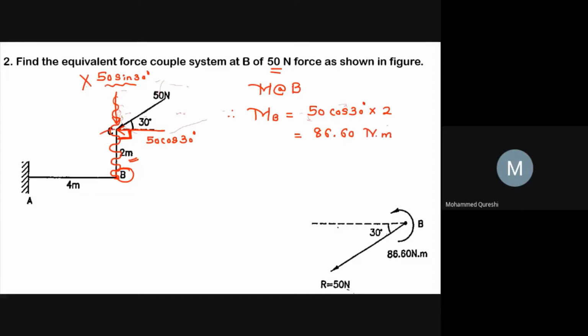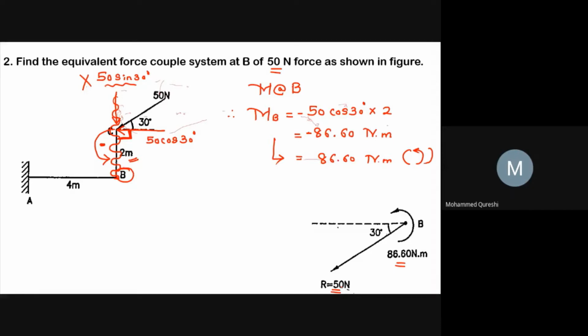And this force will move towards B in anti-clockwise direction, hence it will be considered as minus. So I will write over here MB as 86.60 Newton meter anti-clockwise. So in this way, we have to calculate the value of moment, and here I am simply denoting all the values that I had obtained.